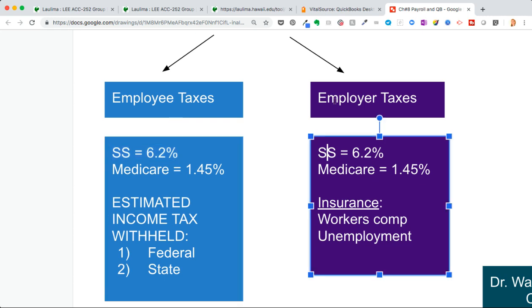Now, as you can see over here, the employer pays the exact same amounts. So they pay Social Security of 6.2% and Medicare of 1.45%. The employer pays this out of their own earnings and profits, from their own money. So this doesn't actually affect what the employee does.